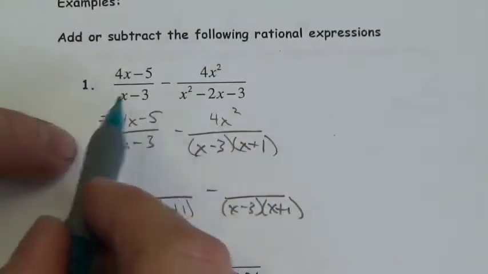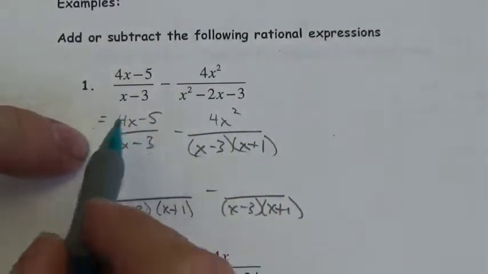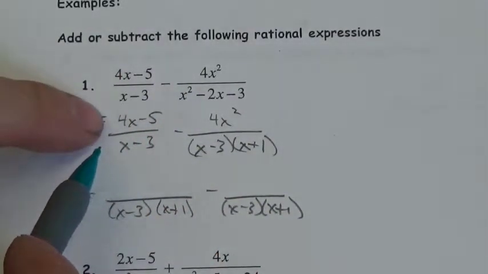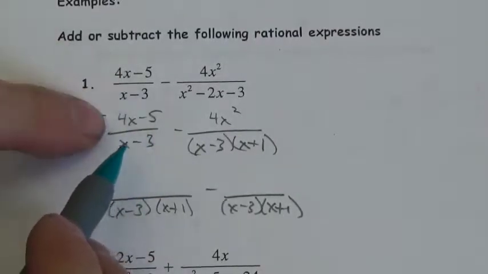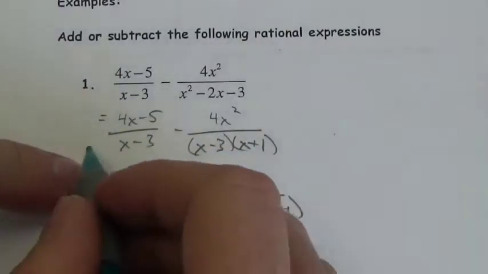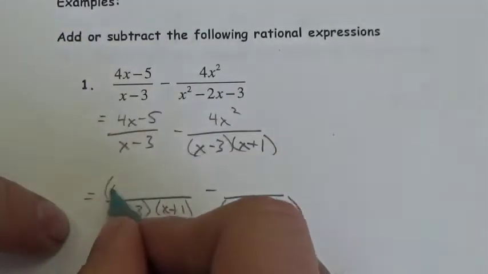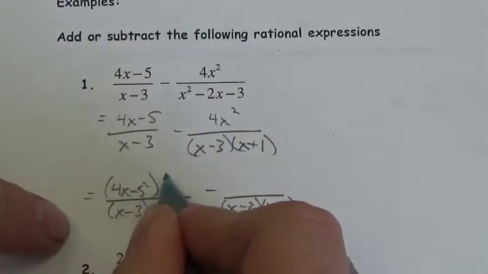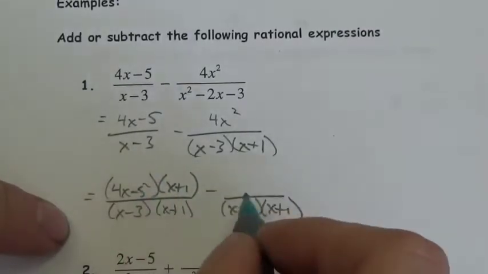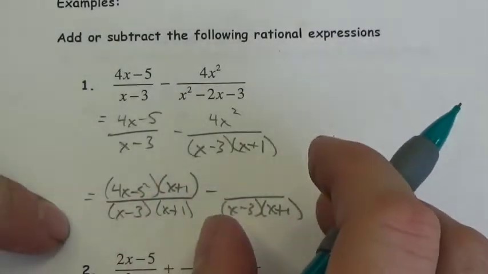Now, what that means here is this addend, this first term, is missing the x plus 1 factor in the denominator, so I've got to put it there. And if you put it in the denominator, you've also got to put it in the numerator. Now, my second term didn't have a problem.